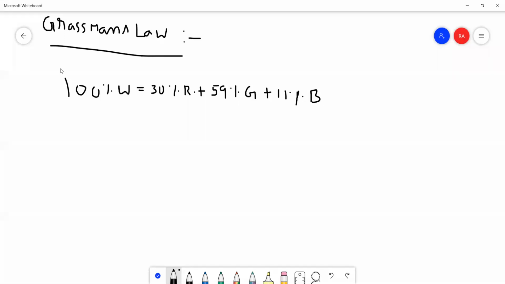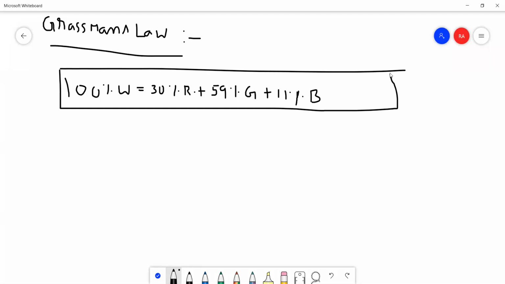So this is called Grassman's law, a very popular law for our end examinations. So to form white color: red 30%, green 59%, blue 11%.